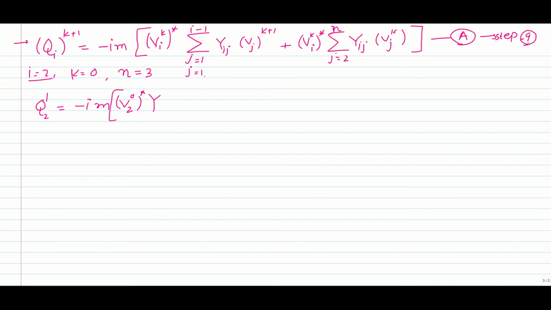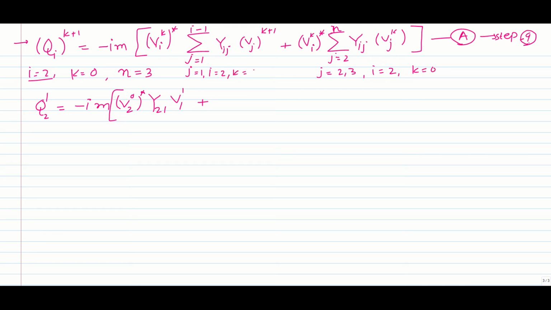So for this summation the value of j will be 1 and i equal to 2. So it is Y21 into V1 1, plus, for the next summation, substitute n equal to 3. So we will get the values of j as 2 and 3, again with i equal to 2 and k equal to 0.